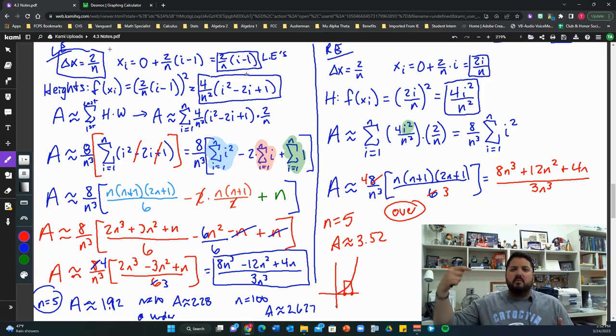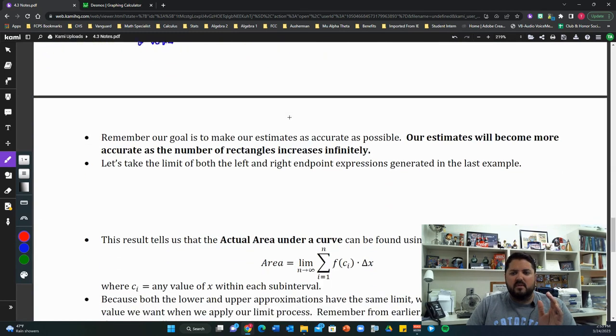If I keep increasing the number of rectangles that I use on both sides, so again, left is my under, right is my over, if both of those approximations get more and more accurate, eventually we're going to squeeze the real value super tight in between these two approximations so well that we can actually get it to approach the real deal, the exact area under this curve. And that's where we're going.